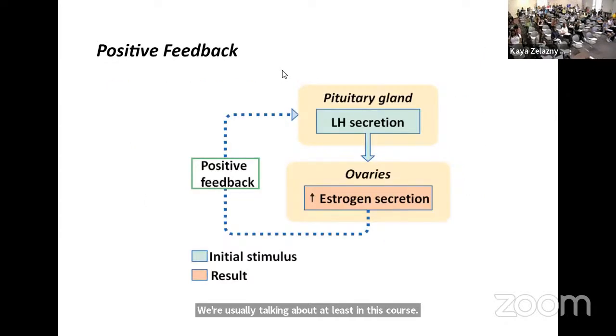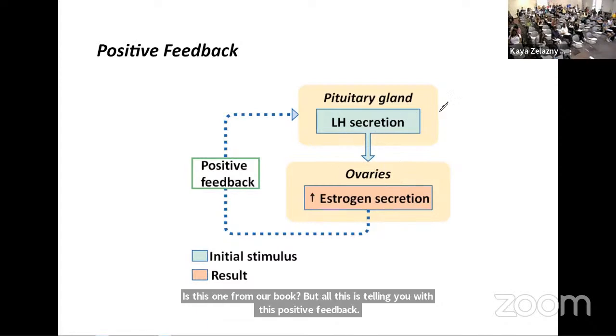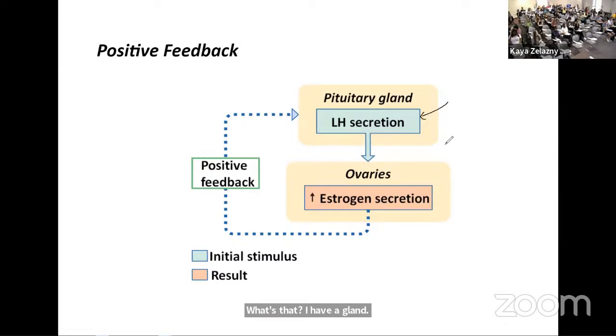And here's just another example of positive feedback. This is one from our book, but all this is telling you with this positive feedback is that we have a gland up by our brain, pituitary gland, secreting something called LH, luteinizing hormone. It's the same as your ovaries make estrogen. Because this is denoted positive feedback, if we were then to try and draw the following time step, we'd go through.